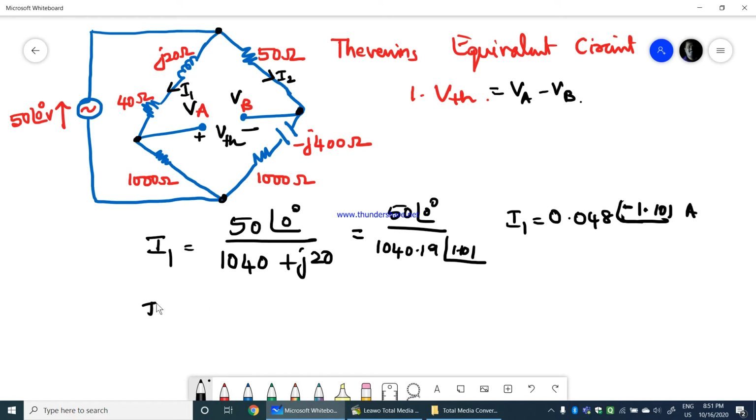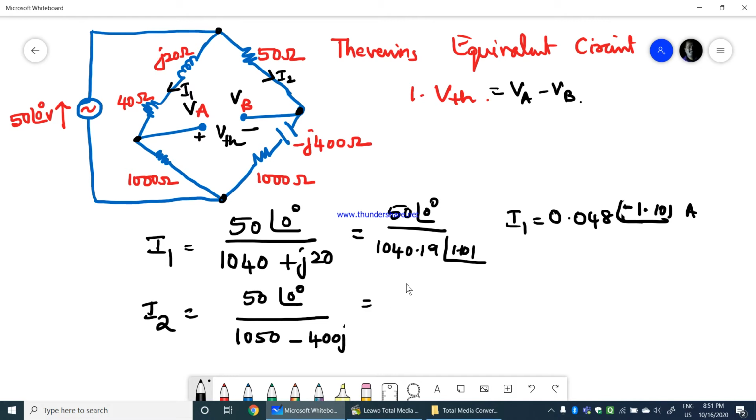Similarly, to find I2, the voltage across this entire branch is again 50 only. So 50 at an angle 0 degrees, because this is open. As it is open, that is how I am finding I1 and I2. Divided by 50 plus 1000 is 1050 minus 400J.